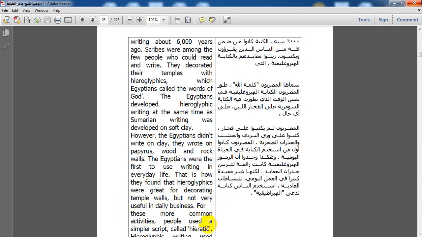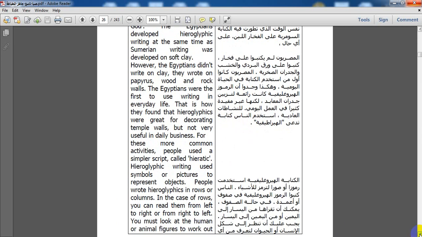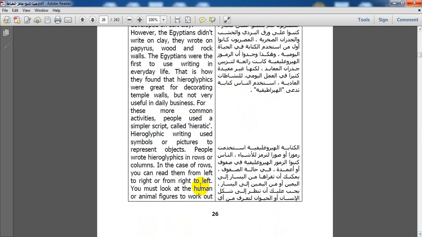For these more common activities, people used a simpler script called hieratic.